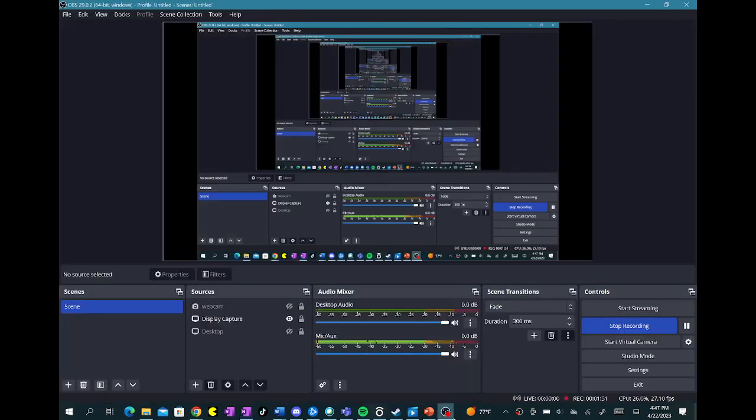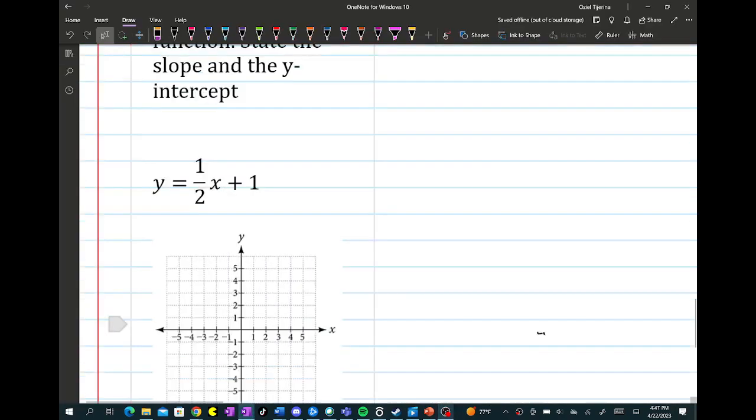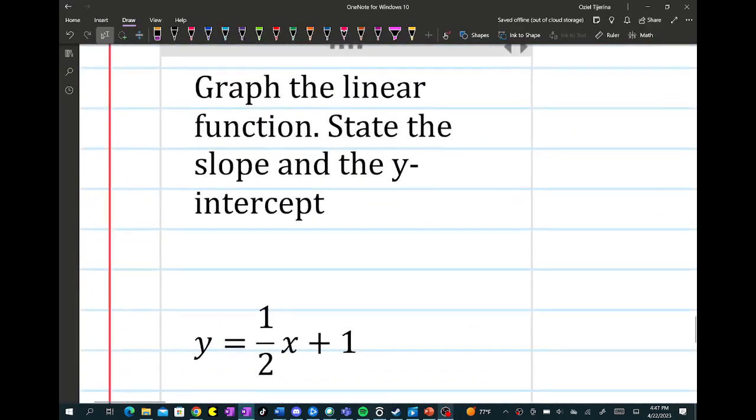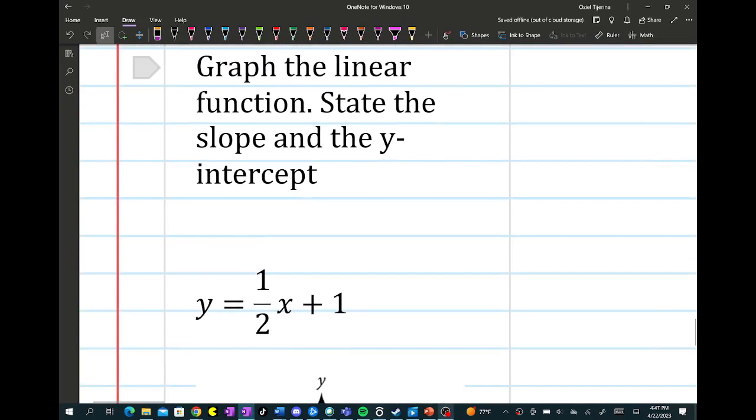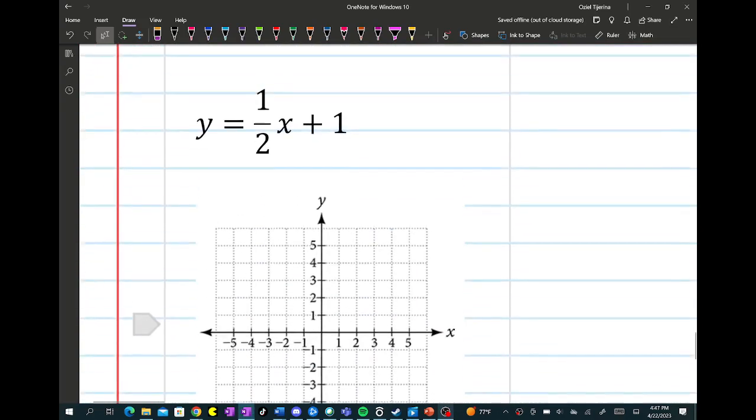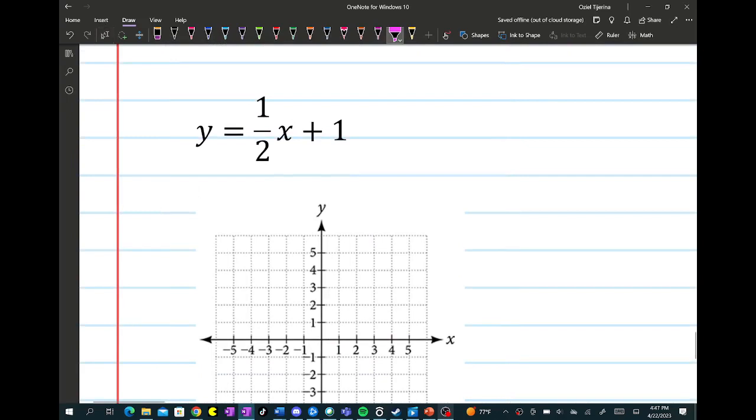So we have to basically graph this linear function. And again, it says to state the slope and the y-intercept. And this time, in front of our x value, we have this fraction over here.